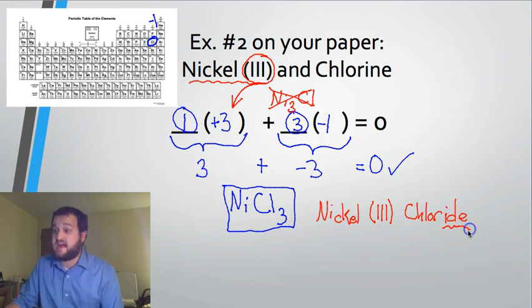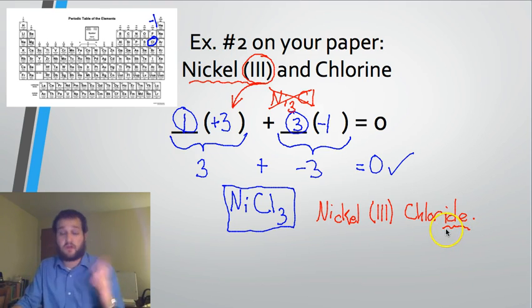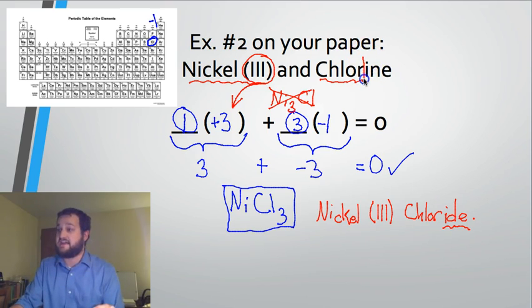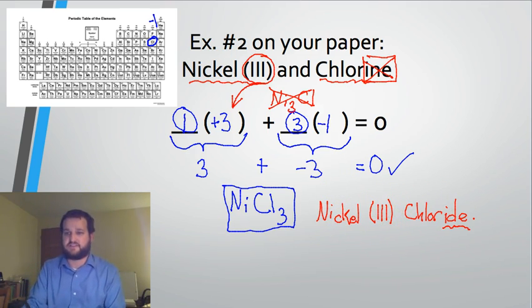I'm adding that IDE on the end of it, just like before. And chlor is the root part of chlorine, right? So instead of INE, I change that to IDE in my name. So nickel(III) chloride, that 3 being the oxidation state of nickel.